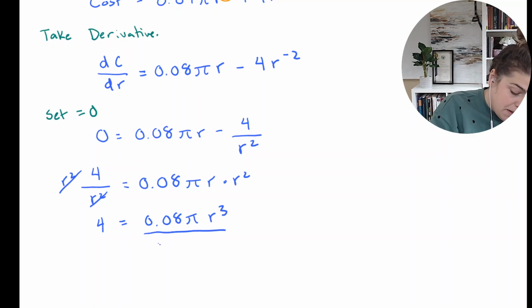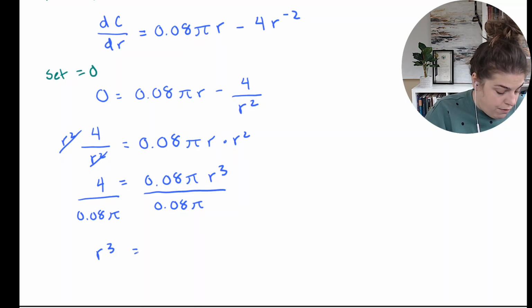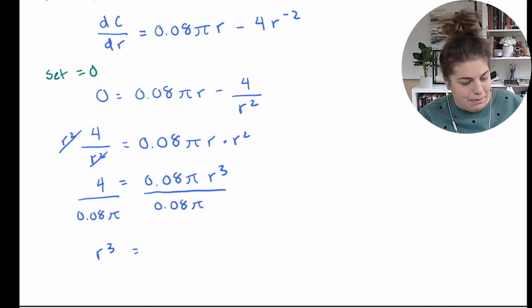I want, again, our term just all by itself, so I'm going to divide by that 0.08 pi, and I'm left with r cubed. Now, if I put 4 divided by 0.08 times pi, where is pi on my calculator?